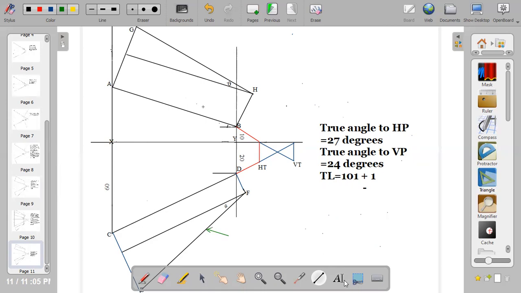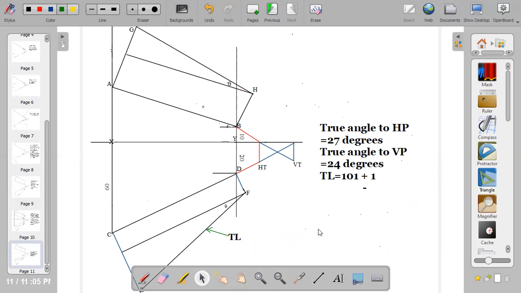So TL is 101. So this line is the true length, same as this one above. So the true length must be 101 plus or minus 1.